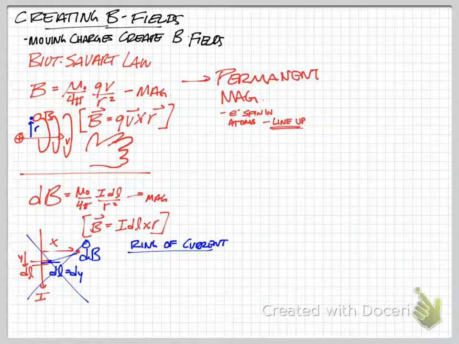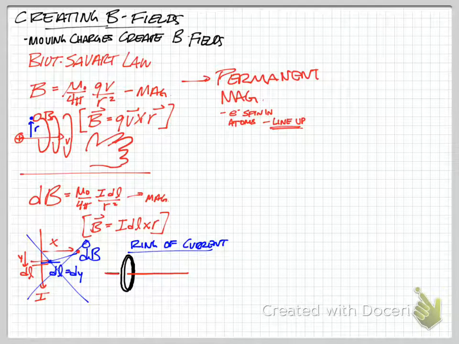And so for a ring of current, and we'll see how well drawing this goes, you have a ring of current. Some of it, the front end, comes out of the page, and this back side goes into the page, and then our axis is going to extend. Well, let me do another color so we can see it better. Our axis is going to extend like that.